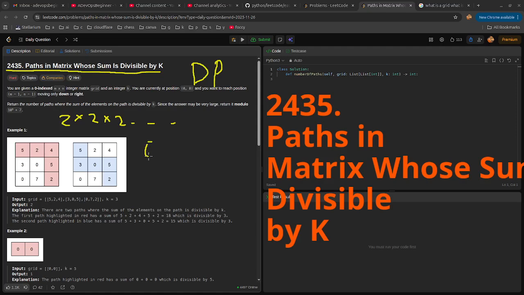We're going to use some matrix which starts from 0, 0 to trace all the possible values until the end of this matrix, where we find out whether the last cell is divisible by k or not.